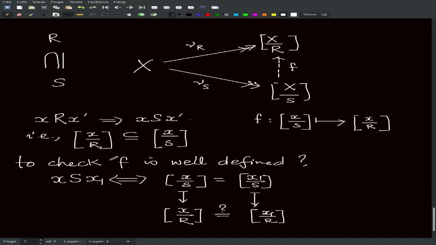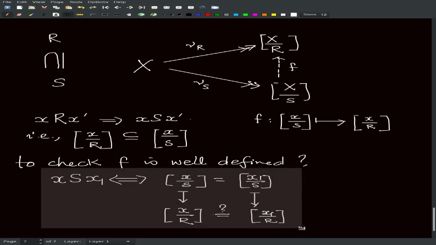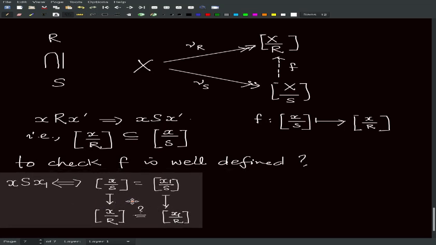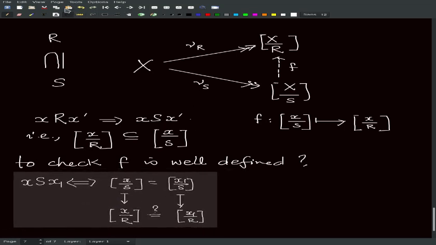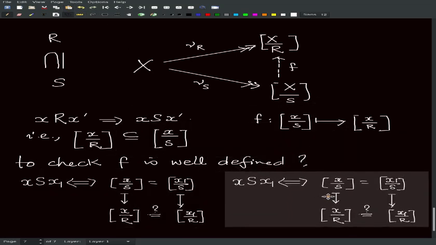On the other hand, if I do the same thing with R, let me put the same thing over here.